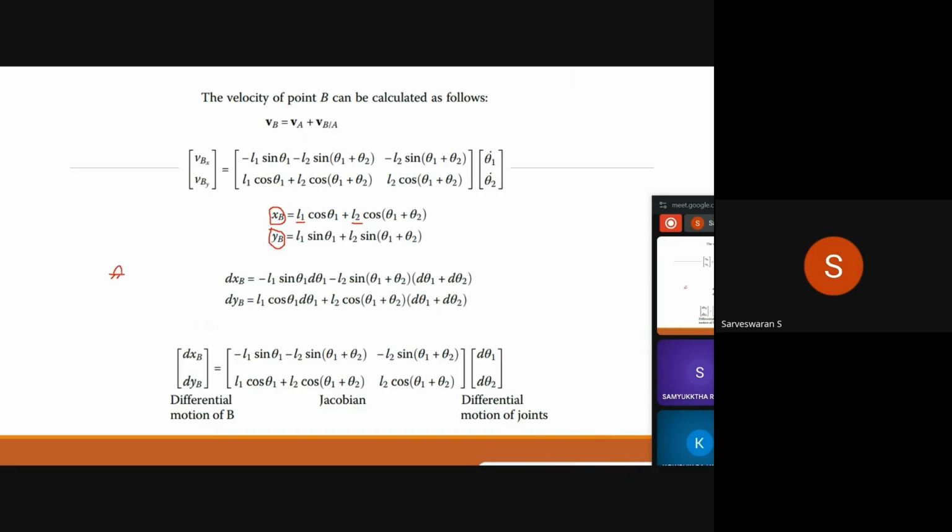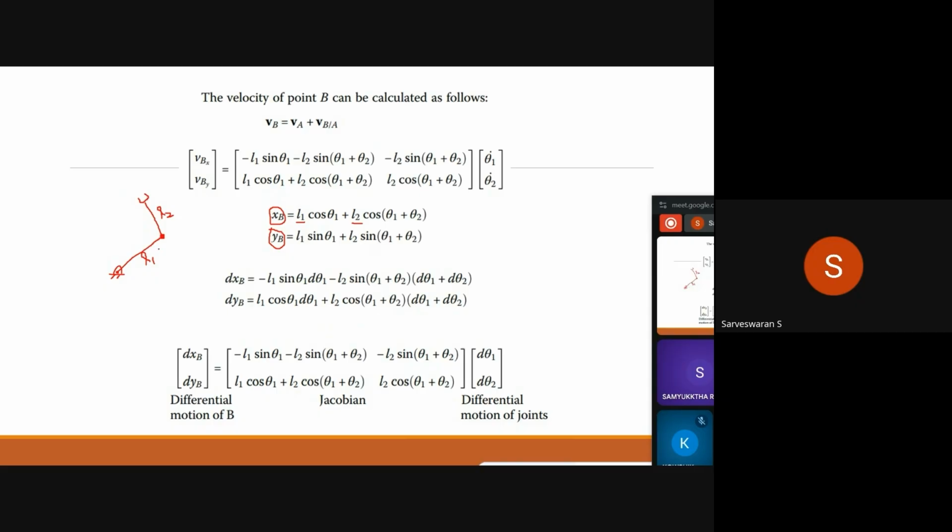So we have one revolute joint over here, and you have a robot arm. You have this end effector. This is L1, and this is L2.